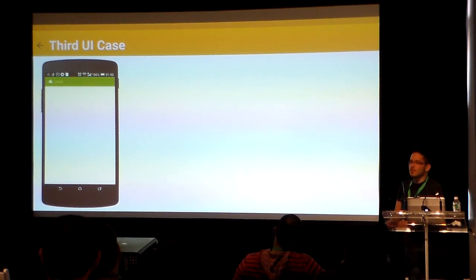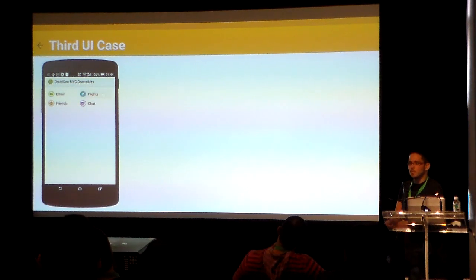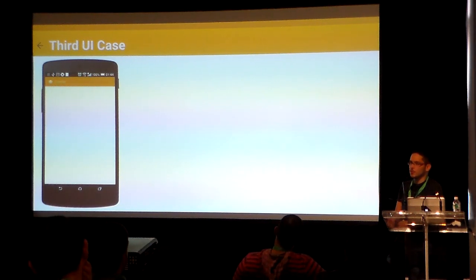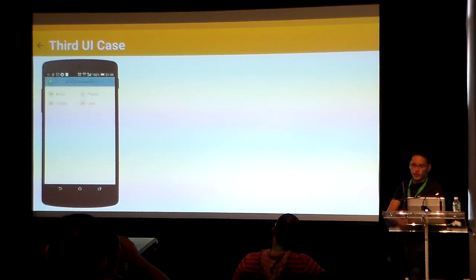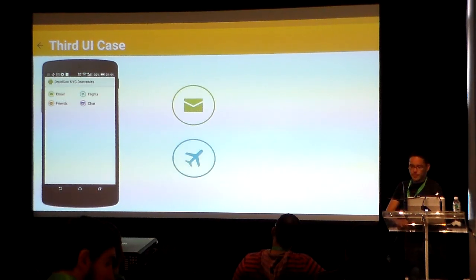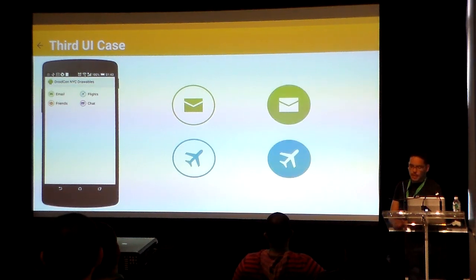Before it was easy, right? Before I was just creating a circle shape and putting it on a layer list with my icon and it was working fine. But now we have to change the color of our icon too. What could we do? We could have different resources, right? Now we have this, and in the present state we have that.